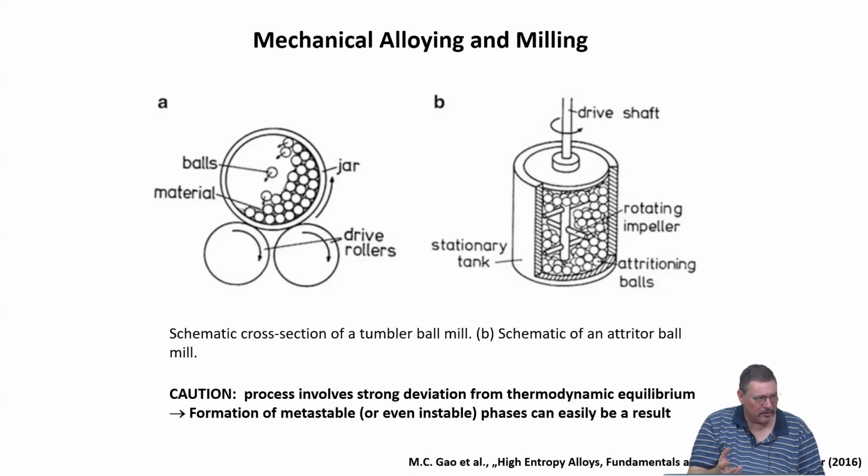If you're fine with this, or if maybe the mill and everything is steel-based and you have also an iron-based alloy, then maybe it's not such a big deal. But if on the other hand, you don't want to have iron in your material, maybe use a different ball mill. There are some based on tungsten carbide or so, and then you can avoid getting these mixing effects into your material.